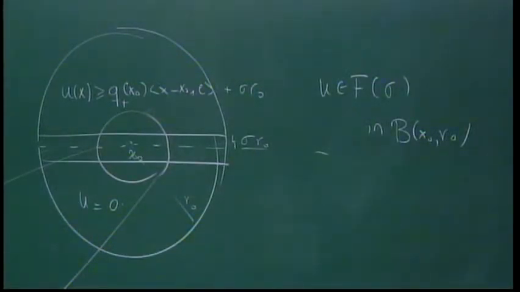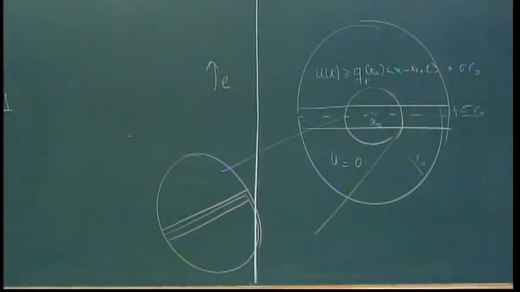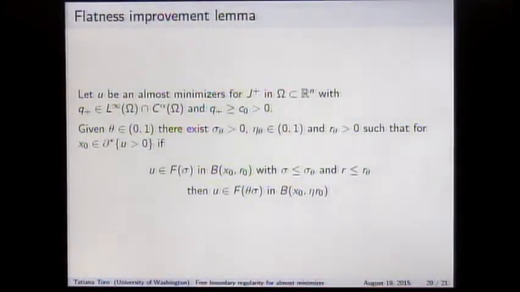Okay? That's the content of this slide. So it tells you that if you start flat, then you can improve your flatness by a fixed amount on a fixed radius.